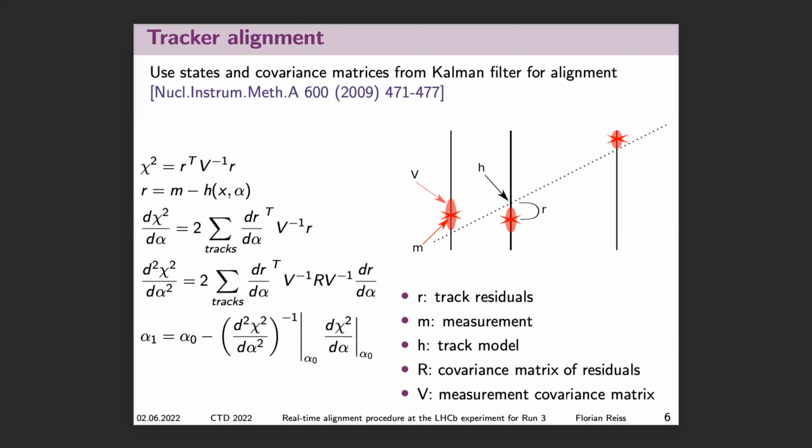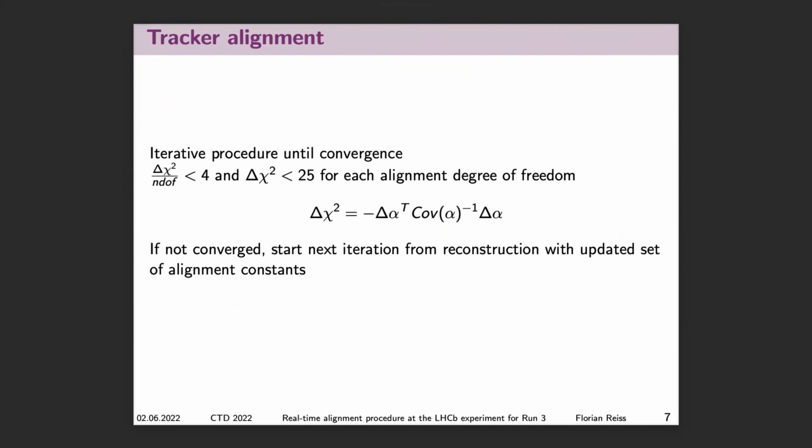So for minimizing this chi-square, you need to calculate the derivatives of the chi-square with respect to alpha and also the second derivatives. Then you can do a Newton-Raphson step where you get new updated constants using the first and second derivatives. This procedure is performed in several iterations where you need to define some convergence criterion.